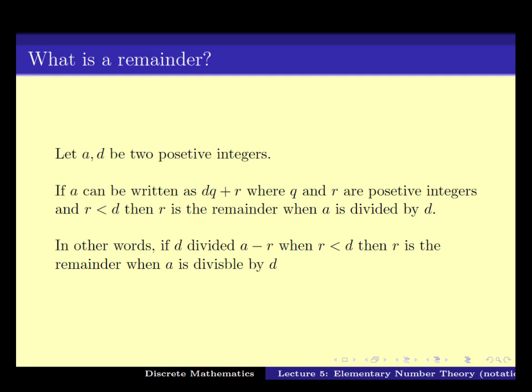Also, one more observation is that since a can be written as dq plus r, that means a minus r is dq, which also means that d divides a minus r.